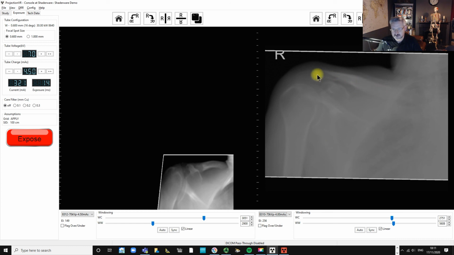So you can see this is the AP clavicle, and you can see the coracoid process is effectively coming towards us, and this is the axial clavicle. You can see the coracoid process pointing straight up. So we're definitely seeing almost a 90-degree projection. So I'll leave you with the Ponsford and Clements axial clavicle.